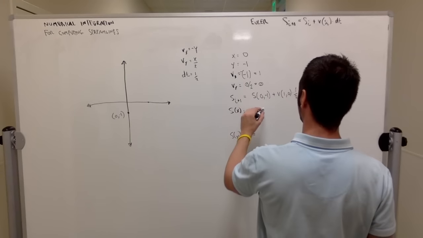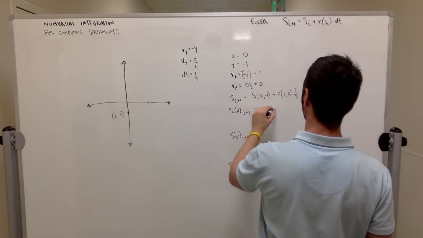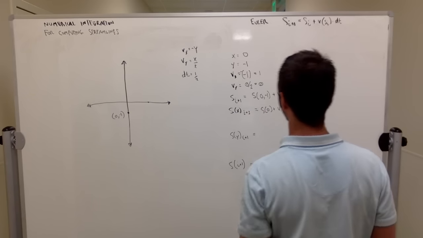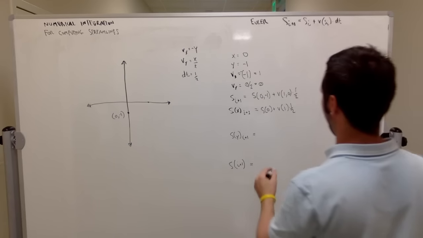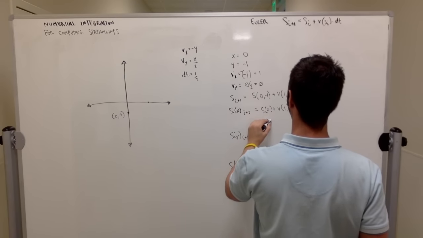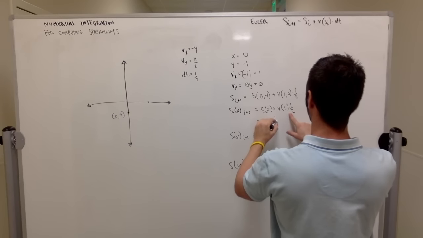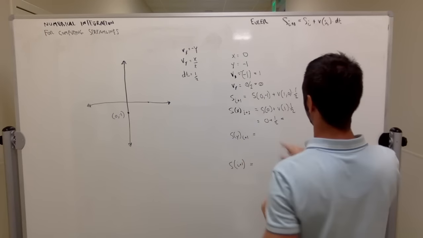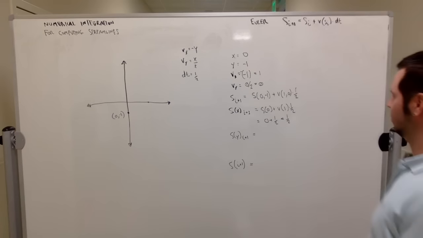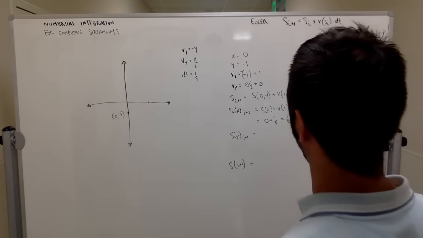So that means we have S0 plus V1 times a half. So the x component is just 0 plus 1 times 1/2, which is 1/2. So that's the x component of the next position.